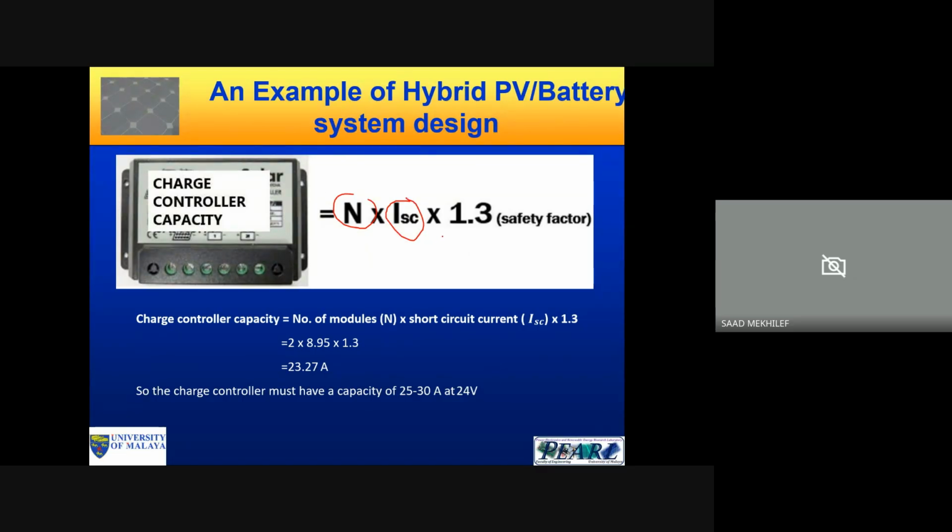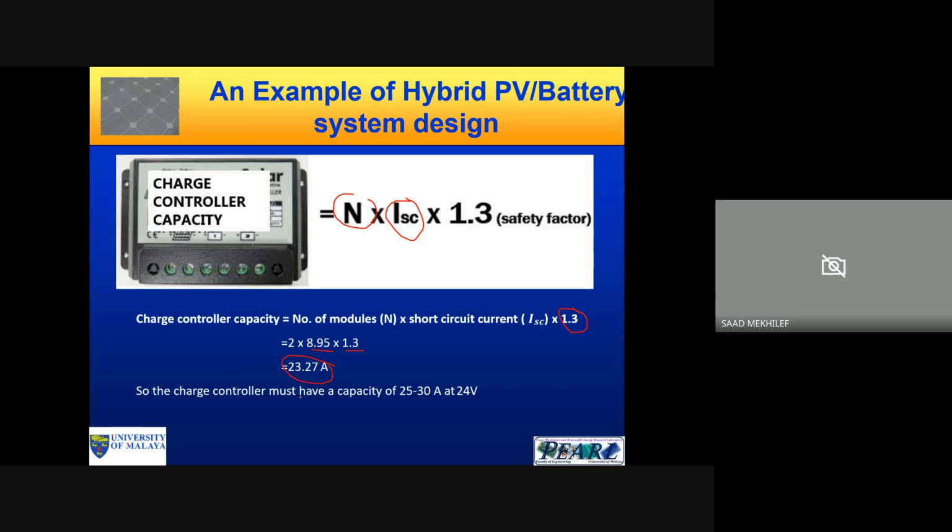I know there will be some questions, so we will discuss it after this. So we calculate the charge controller ratings for the current. The charge controller capacity is the number of modules times the short circuit current times 1.3 to accommodate for surges. So we have 2 panels times the short circuit current times 1.3, so it is 23.